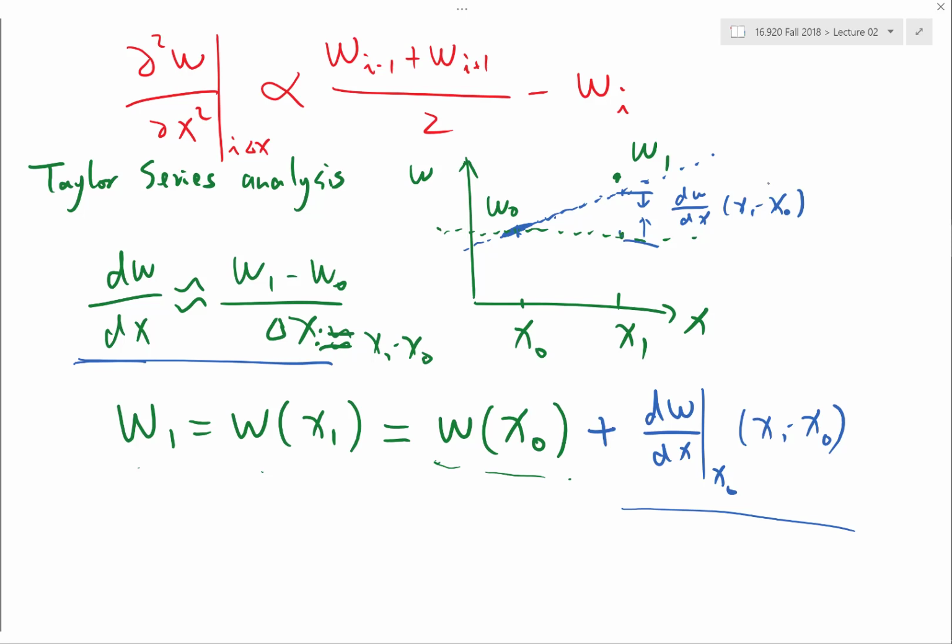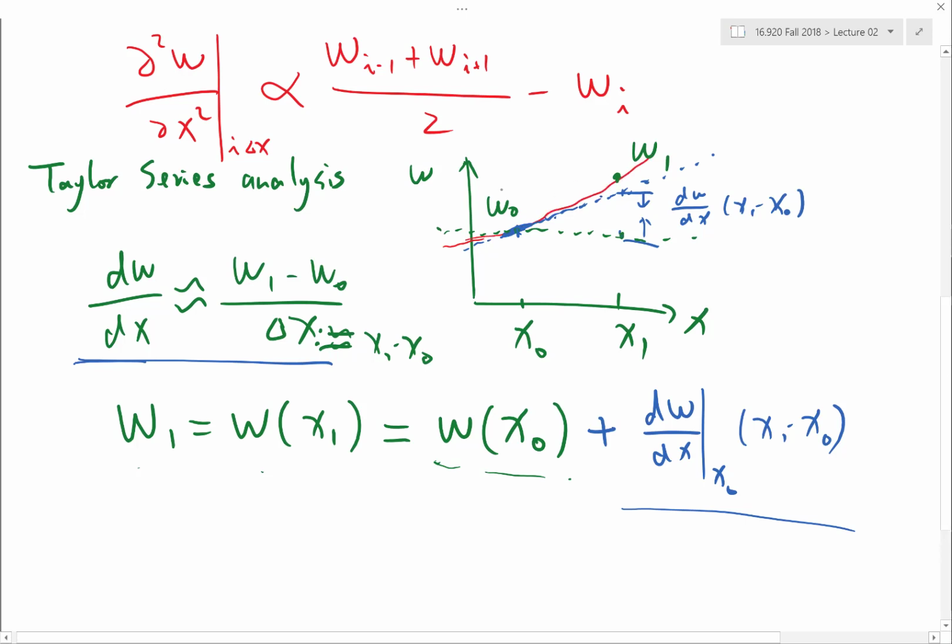This first order approximation works better when x1 minus x0 is not that tiny, right? But when the distance between them is larger, this again is going to fail. And then I can add more and more terms onto this. The next term accounts for whether the function is a smile or a frown, right?